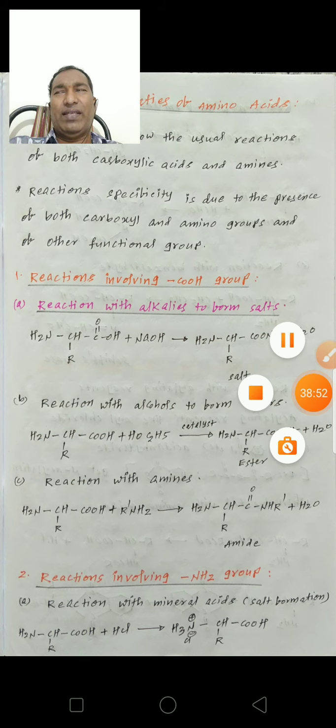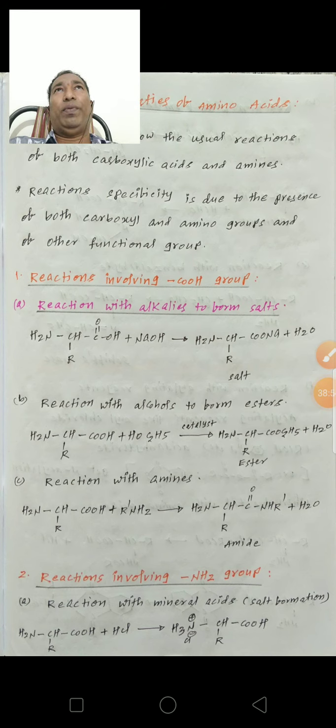Because in amino acids the NH2 group is a base, it can react with acidic reagents, and the COOH group is acidic, so it can react with basic compounds to form salts, and both NH2 and COOH groups are also involved in some reactions.